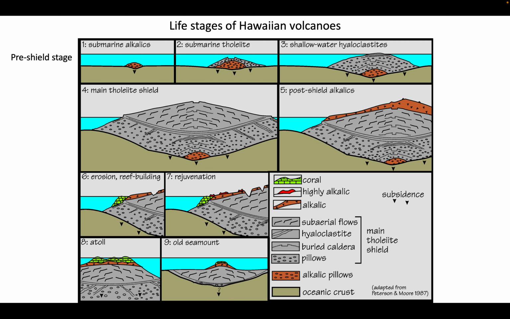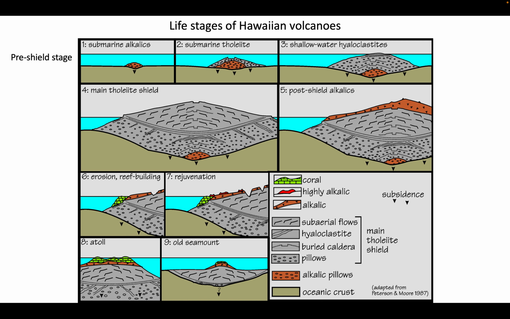Moving to Maui, East Maui is in stage 7, whereas West Maui is between stages 7 and 8. East Molokai is also in stages 7 and 8, and Lanai, which skips stage 5, Kaho'olawe, and West Molokai are in stage 6. On Oahu, the Ko'olau Mountains are still in stage 7, and Waianae is probably between stages 7 and 8. Kauai and Ni'ihau are between stages 7 and 8 as well.